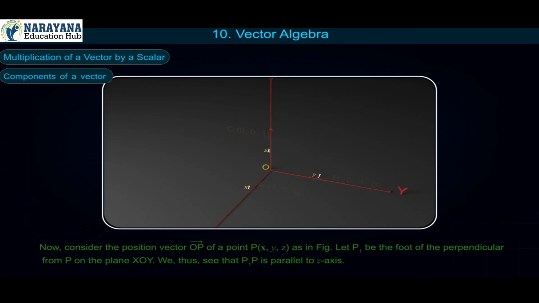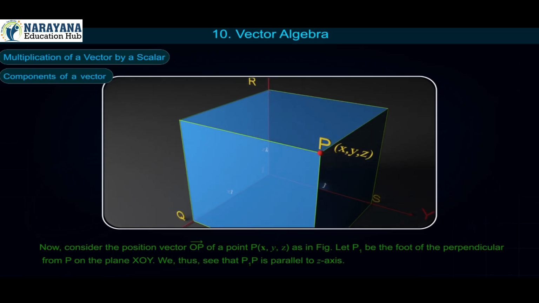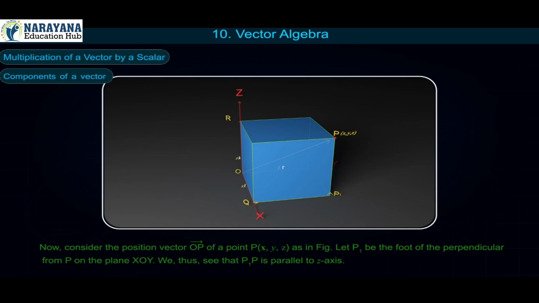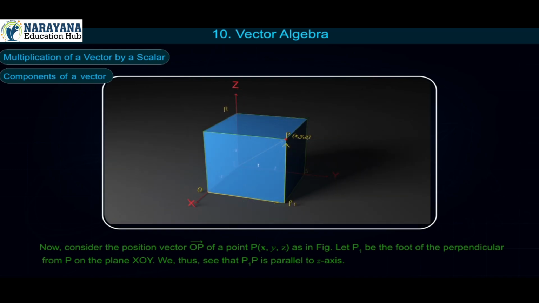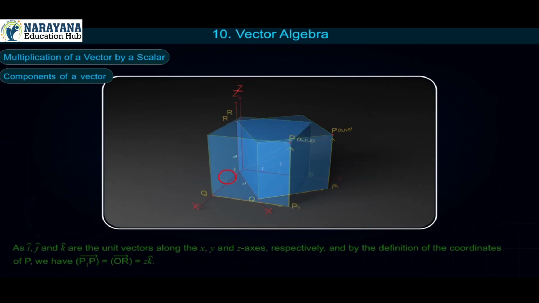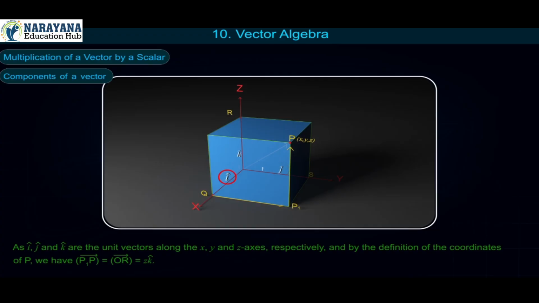Now consider the position vector OP of a point P (x, y, z) as in the figure. Let P1 be the foot of the perpendicular from P on the plane XOY. We thus see that P1P is parallel to the z-axis, as i cap, j cap and k cap are the unit vectors along the x, y and z-axis respectively.